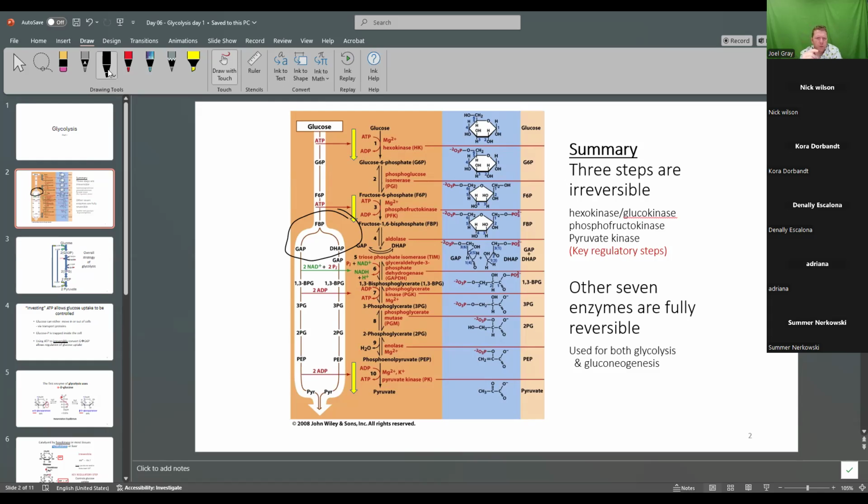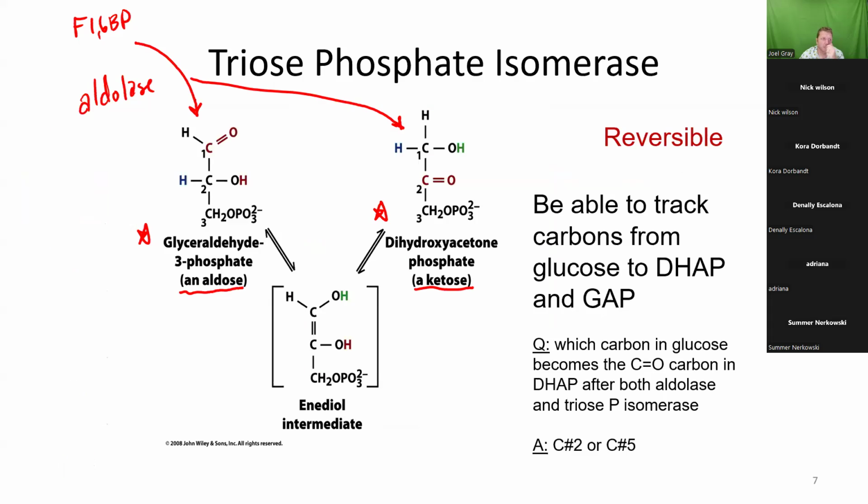So what we need to do is get dihydroxyacetone phosphate converted to glyceraldehyde 3-phosphate. And that's exactly what the next enzyme in this pathway is going to do. That next enzyme has a pretty simple name. I'm going to start at the end.